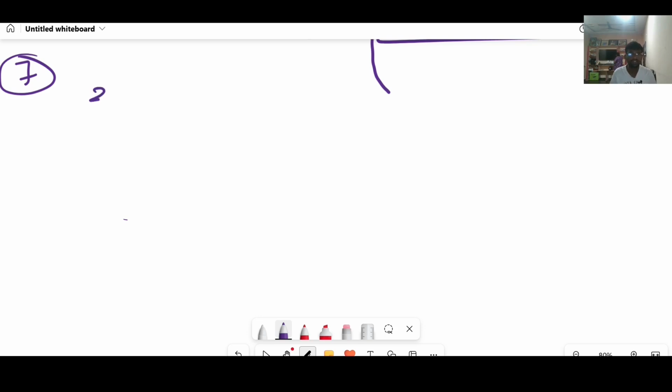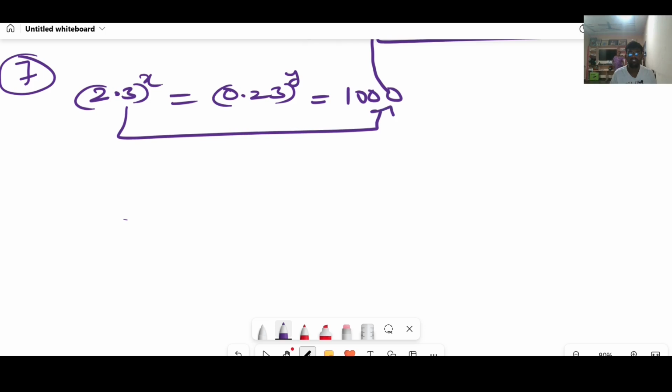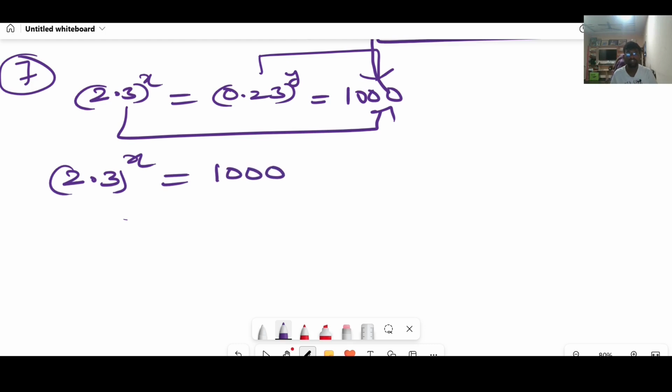2.3 power x equal to 1000, 0.23 power y equal to 1000. We can equate this value to this one. Right now, in the first case 2.3 power x equal to 1000, I can write it as 10 cube, right?